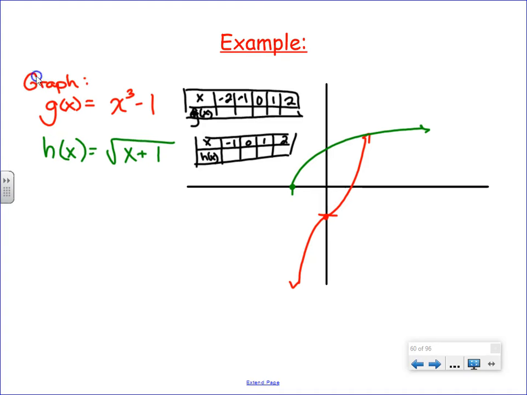It's not a bad technique if you need to get a picture, but you still need to think that the square root function starts at 0. Oh, it's shifted, so I'm going to start at -1 if we need a precise picture. Let's keep going. So we have a vertical shift and a horizontal shift, and of course we could put it all together and have something a little more fun, but now we'll keep going.